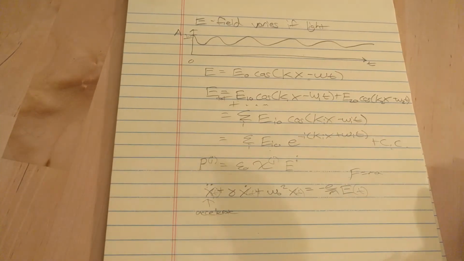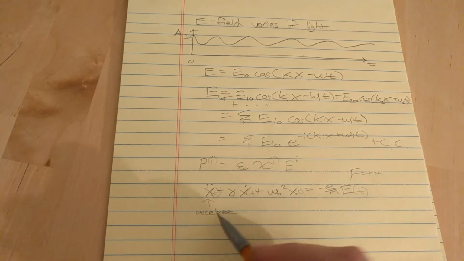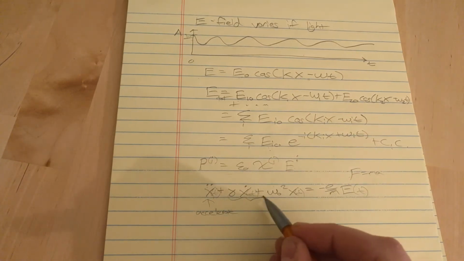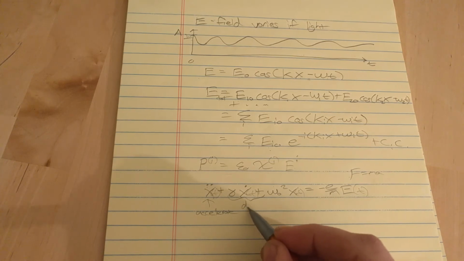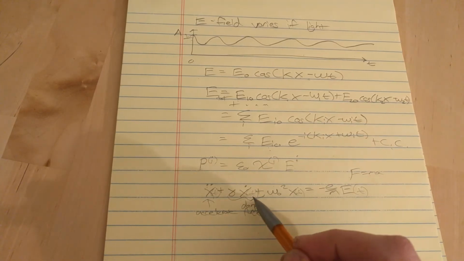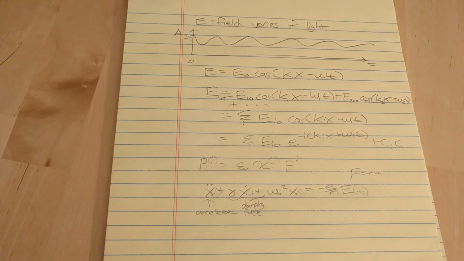You can open up your differential equations book and find the solution for this. I'll discuss it shortly. Now this term is the damping force, and the damping force is proportional to the velocity of the material. It's like driving a car: as you drive faster and faster, the wind puts more and more force on your car. That's why it's proportional to the velocity. And gamma is just a damping coefficient.